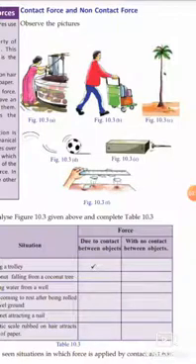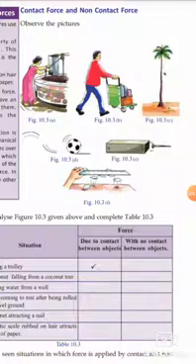Both are non-contact. So yes, we can see that some forces can exist only when the objects are in contact with each other, while in some cases, even though the objects are not in contact with each other, the force can be exerted on one another.